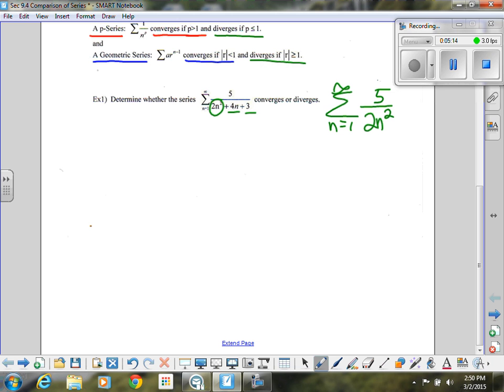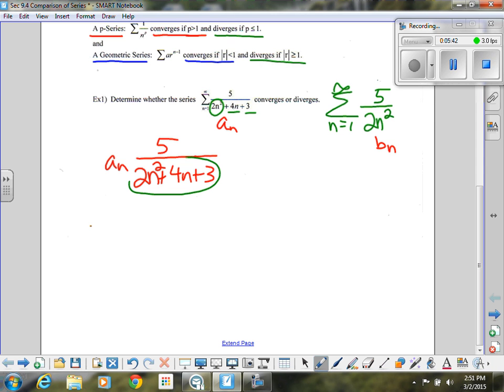Okay, so if you notice that the original series, so this is like my a sub n, this is like my b sub n. My a sub n, 5 over 2n squared plus 4n plus 3. These values always are going to have a larger number in the denominator.